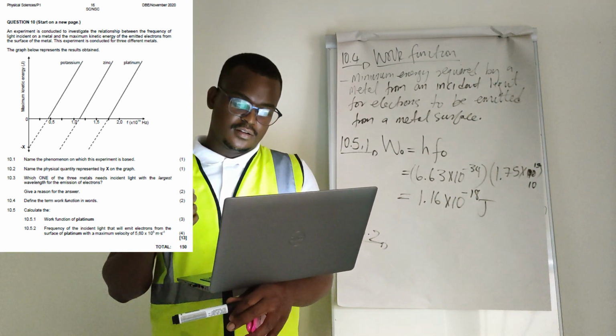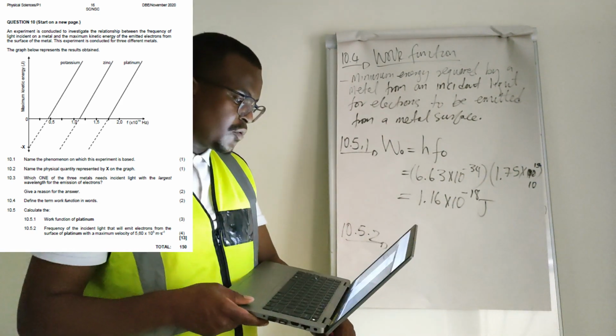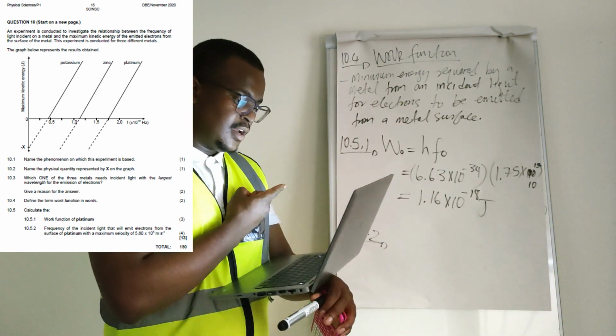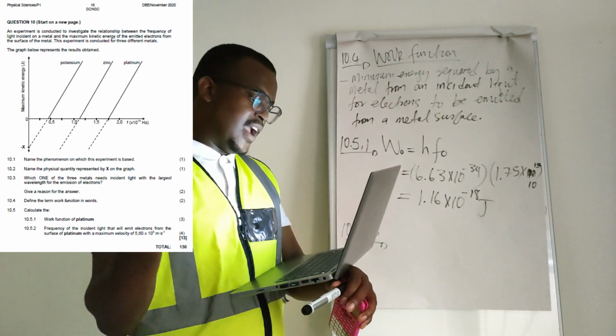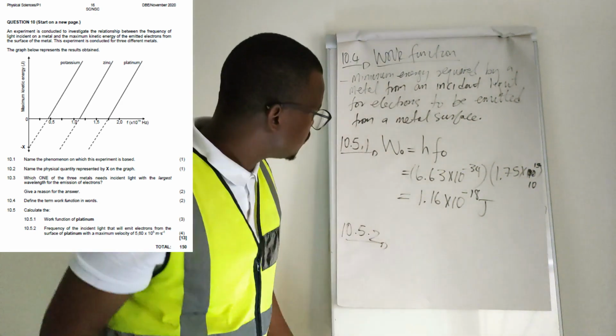So they want us to calculate the frequency of an incident light that will emit electrons from the surface of platinum, and those electrons will have this velocity that we're given here. So how do we do this?